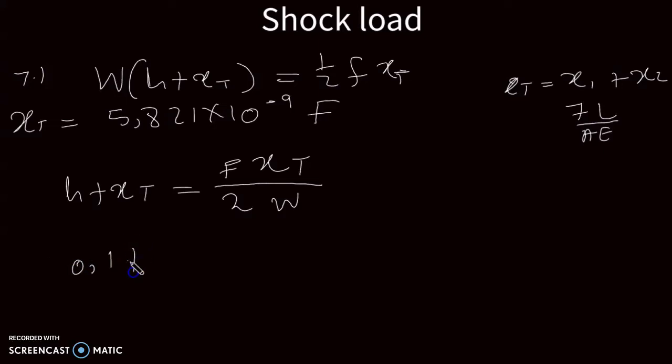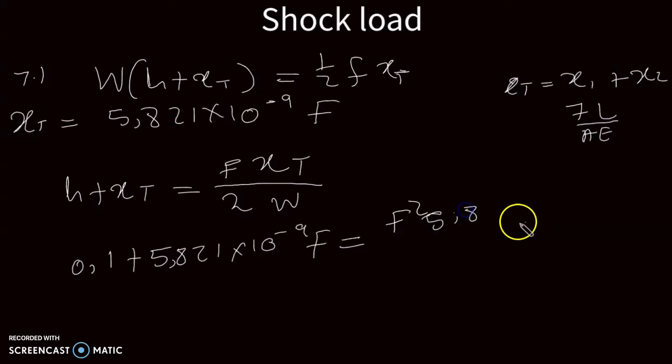Our total extension is equal to this, which is 5.821 times 10 to the power of negative 9 F. It's equal to F squared times 5.821 times 10 to the power negative 9 divided by 2 times W, which is equal to 30.